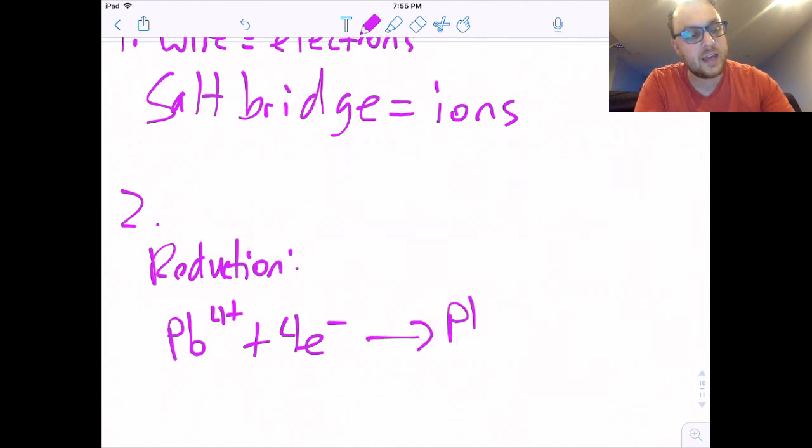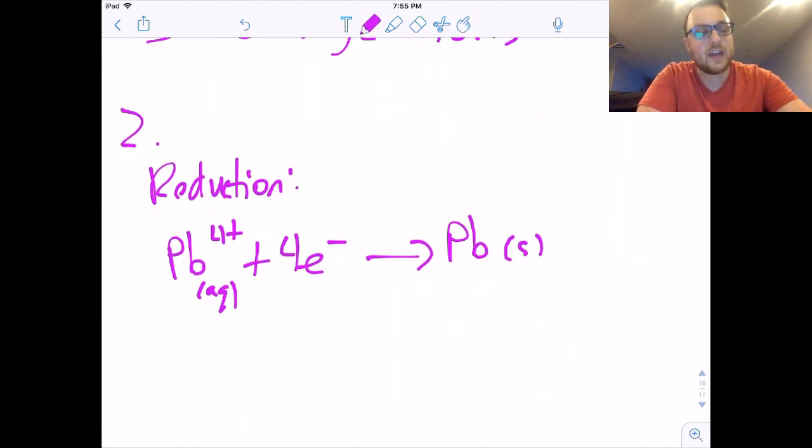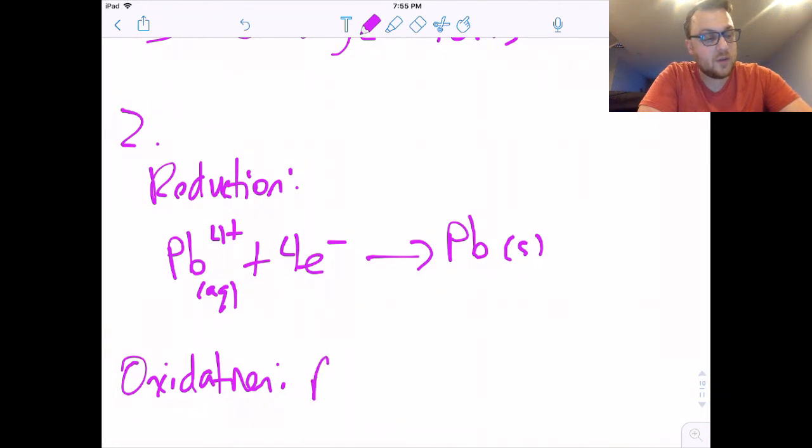If they were to ask you to show the half reaction for the oxidation, that would be the opposite. So Mg went from a solid atom with no charge to an aqueous ion with a charge of 2+, meaning it must have lost 2 electrons.